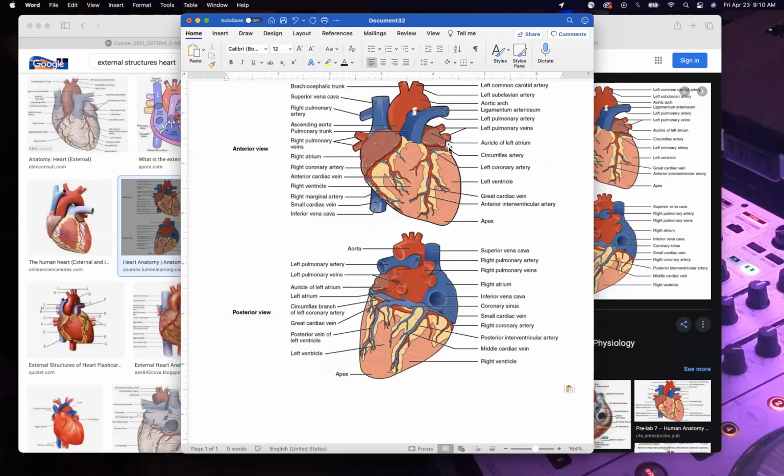Like if you held your heart up straight and the apex was the bottom and your great vessels were the top, this thing ran diagonally. Well, if you look at the back, the posterior interventricular sulcus or groove goes straight to the apex. This one goes diagonally. So that's how you can tell the front and the back.